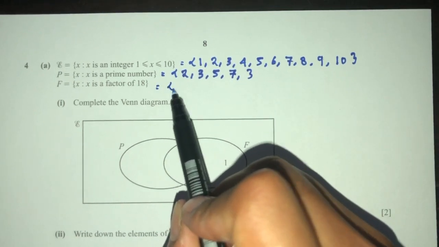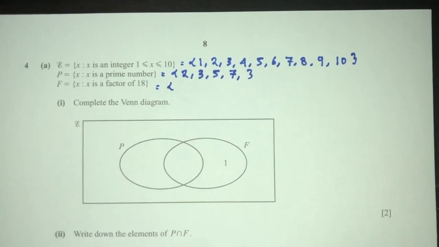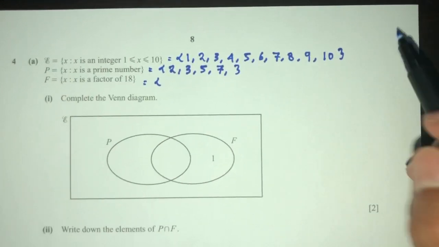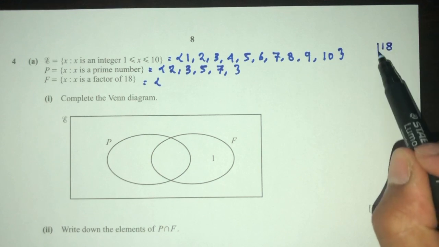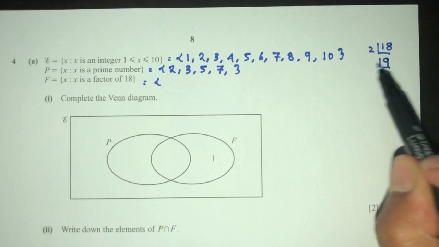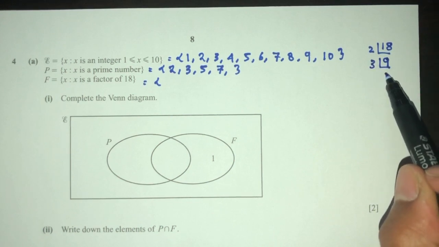Now here we have factors of 18. So what are the factors of 18? So let's first find out. So 18, you can divide by 2, you will have 9. You can divide by 3, you will have 6.